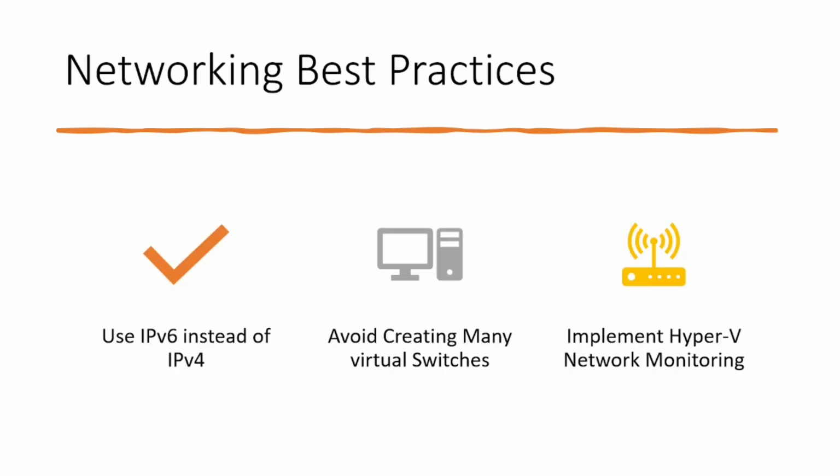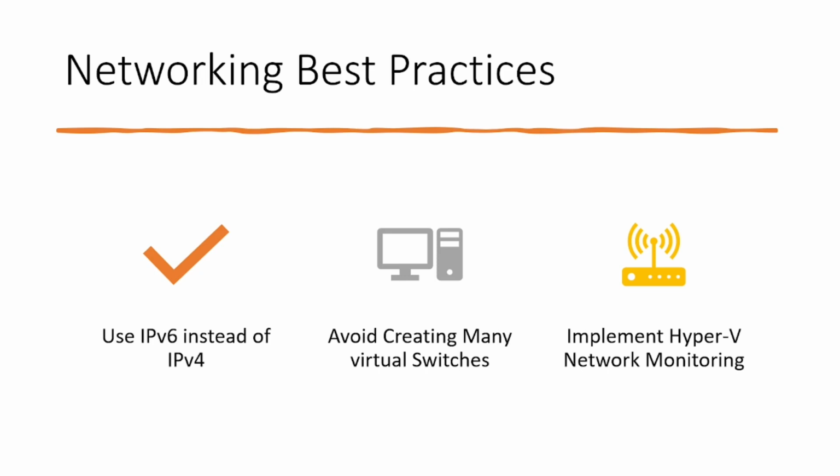When we talk about networking, the first thing Microsoft suggests right now is to use IPv6 over IPv4. But for lab purposes, we generally use an IPv4 environment. It also suggests to not create many virtual switches so that it avoids the confusion regarding which switch is being used for communication, what kind of switches are being used, how the network is being divided and all of that.